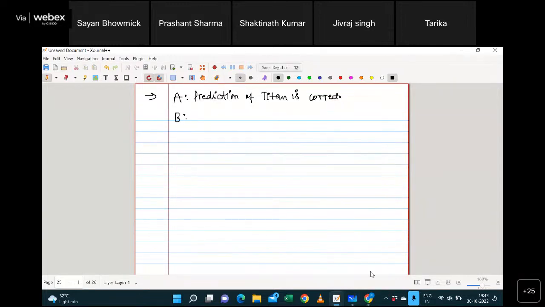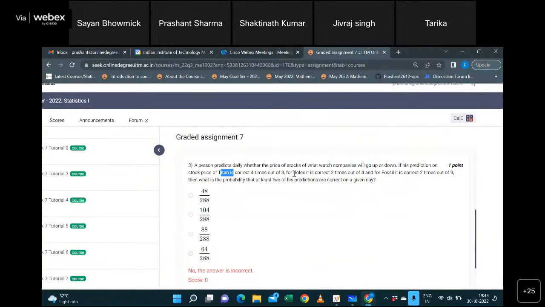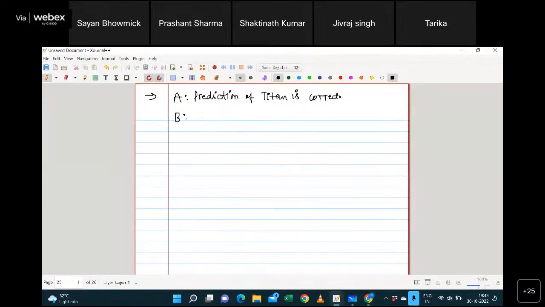And B: that person is doing the prediction for Rolex also, so prediction for Rolex is correct. And I'm going to define event C: prediction of Fossil is correct. These three events I have defined.